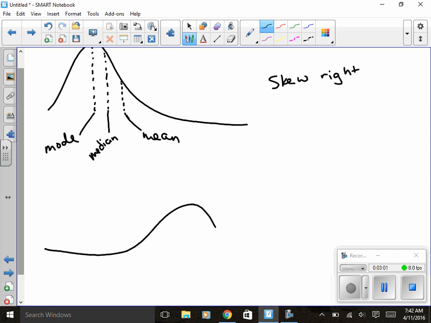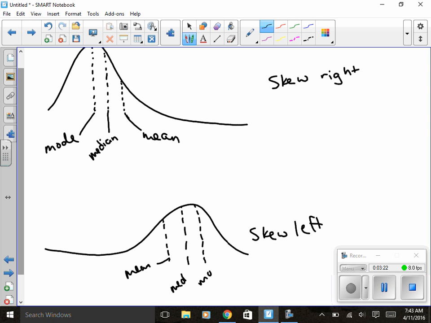So on the flip side of that, let's say we have a skew left. I know that this first one has to be the mean because it's pulled towards the skew. The middle one is the median, and the highest one is your mode. So this kind of gives you an idea of what to do.